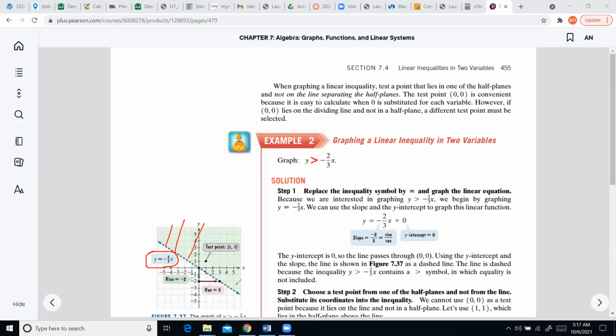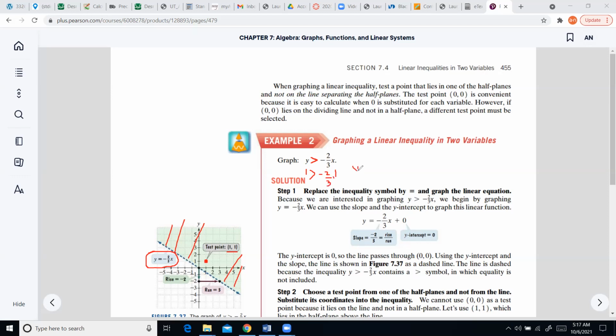Why did they do this? Well, because they had a so-called test point. They selected a point here with coordinates 1 for x and 1 for y. So that'd be clearly a point in the above region. And then they plugged it in for x and for y. And they wondered, is it true that 1 is greater than negative 2/3 times 1?